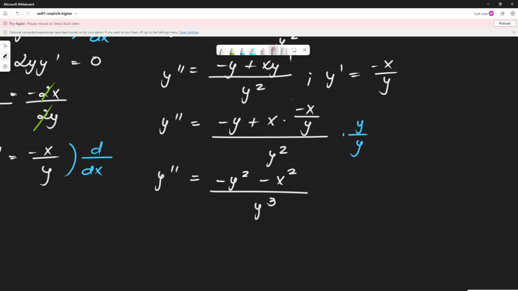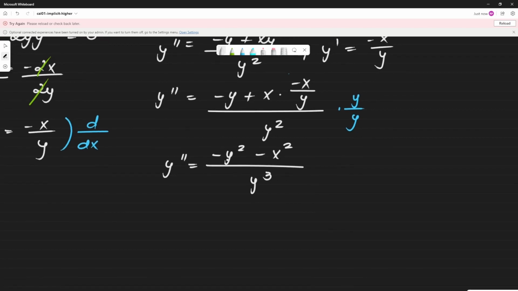Sorry, let me lower the y double prime so it is aligned. Okay, then we notice the negative 1 is common in our numerator, so we can factor out. This is actually equivalent to negative of y squared plus x squared, or negative of the quantity y squared plus x squared over y cubed. Is this our final answer?